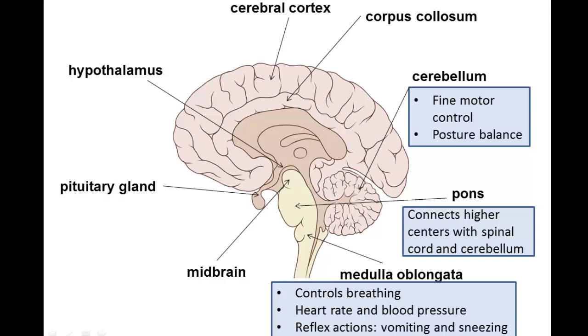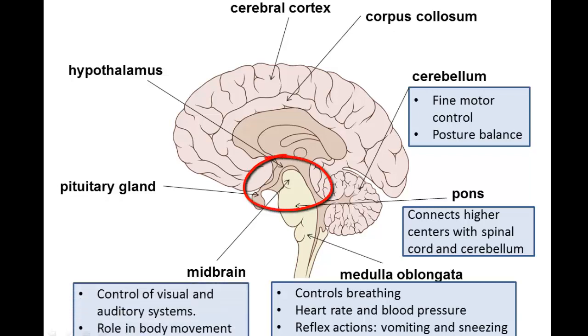There are also some reflexes that occur that are important within that area, such as vomiting as well as sneezing. The midbrain, the upper portion of the brainstem, has areas in it that help us with our vision and our auditory system. There are also areas in the midbrain that are important with movement, such as an area called the substantia nigra.